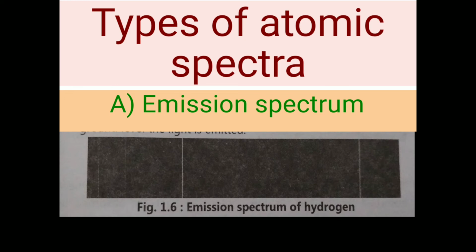So, the emission spectra of the hydrogen atom show only a line spectrum or discrete spectrum. It means that it shows only wavelengths of some specific waves on the screen.